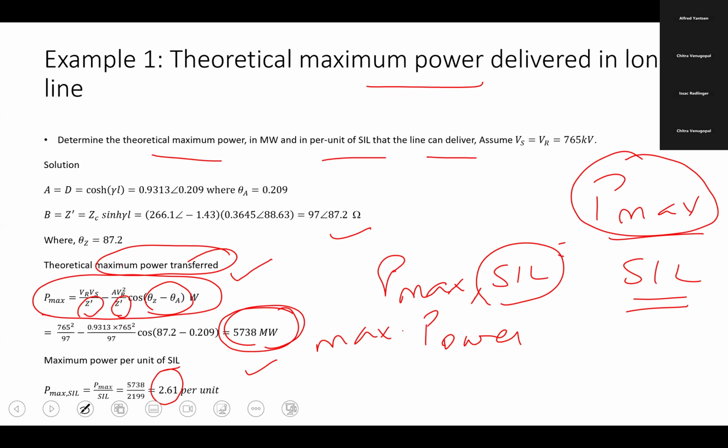Power is kind of a combined one, voltage and current combined, but we look at it differently. So the theoretical steady state limit is talking about the ceiling, as Tony said. This one, the maximum power, is talking about the amount, the quantity. Okay.